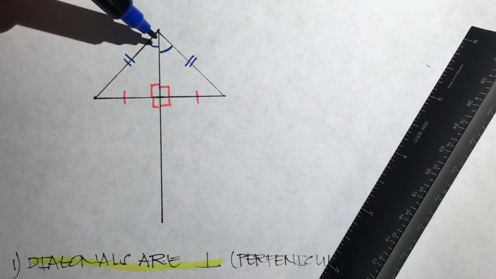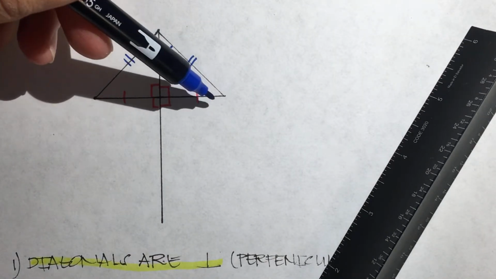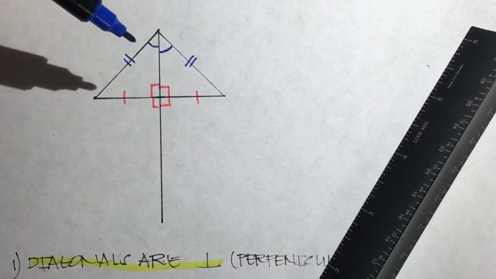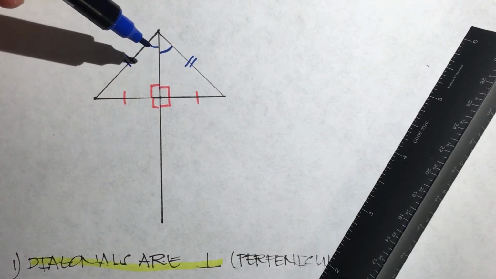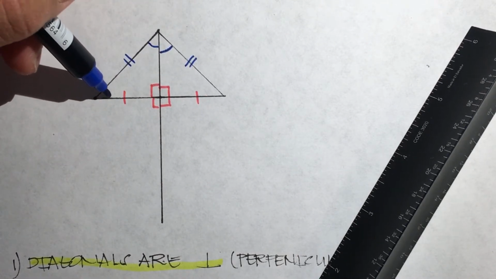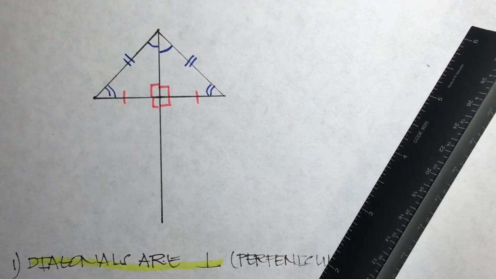And if you focus on this triangle right here, what kind of triangle is it? This big one. Look at two tick marks, two tick marks. Yeah, it's an isosceles triangle. And what do isosceles triangles have? Base angles, and base angles are congruent.